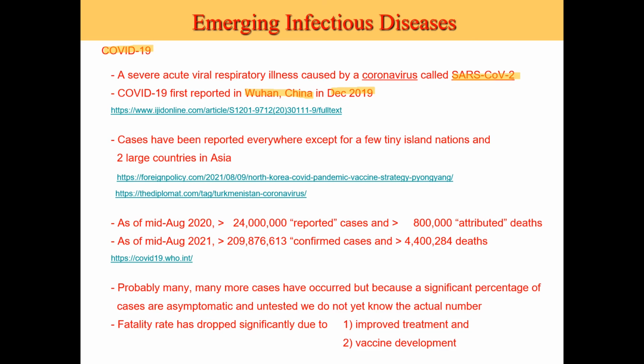There are only a small number of very tiny island states or nations in the Pacific and a couple in the Caribbean that have not reported any cases at all, or that very rapidly isolated and eradicated the disease. There are two fairly large countries in Asia that claim to never have had a case, but this is an excellent example of how politics can affect public health policy.